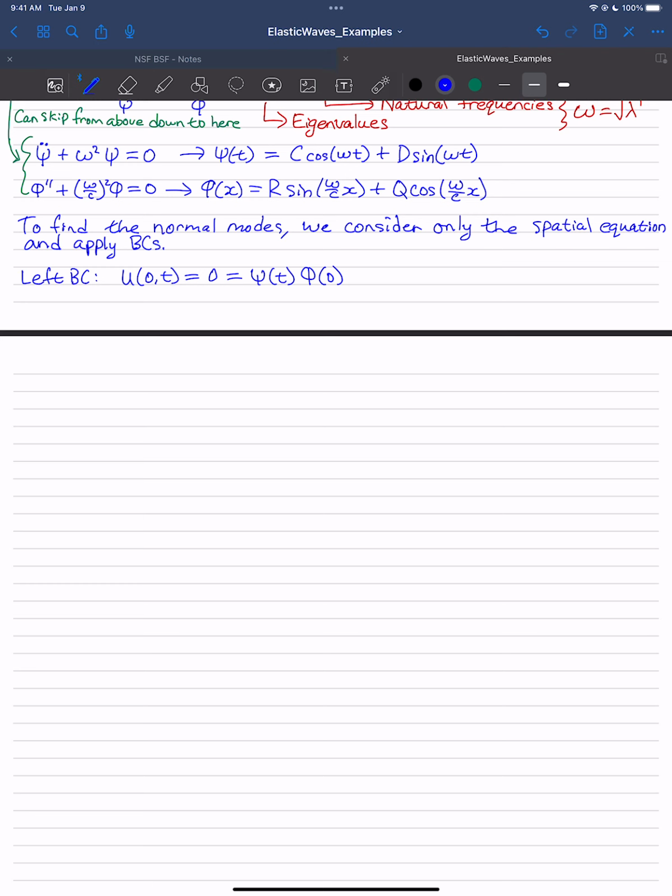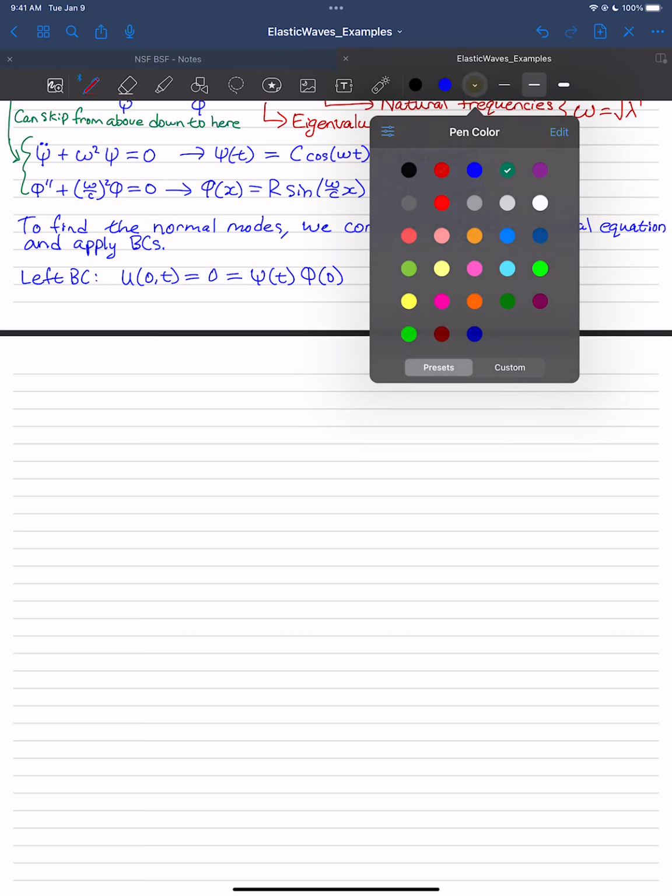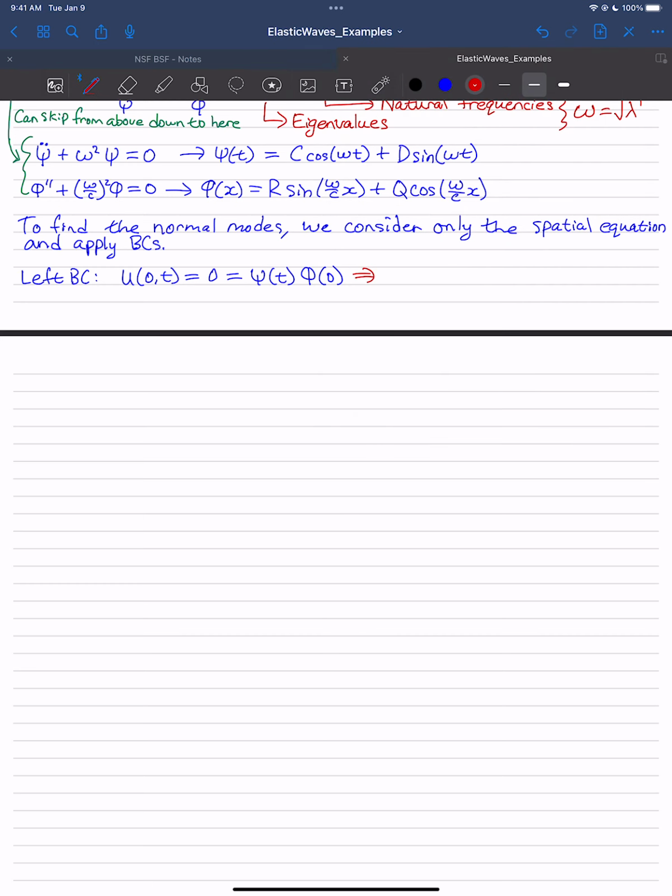And since psi is just a function or set of functions of time, if it's equal to 0, then that tells us that we have a trivial solution. So let's write this out. From this, either psi of t must be equal to 0 or phi of 0 is equal to 0.